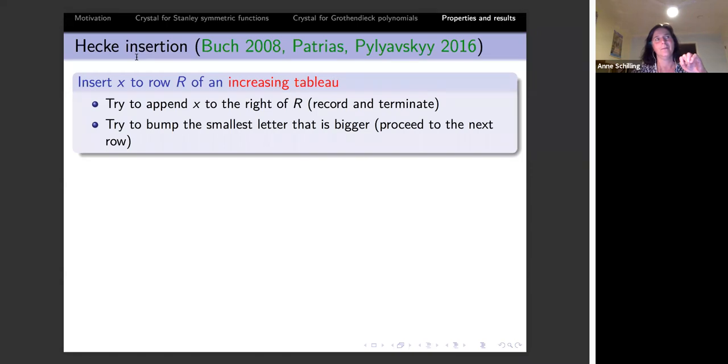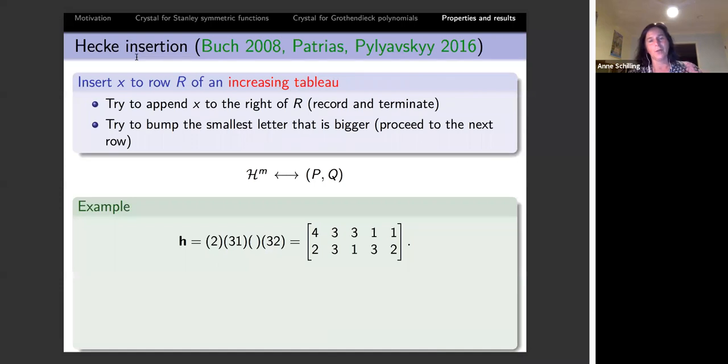They even have examples in their paper where the crystal operator basically changes things everywhere in the word. It's very non-local and changes a lot of things. But our claim is that they sort of used the wrong version of Hecke insertion. So let me first briefly say what Hecke insertion actually does.